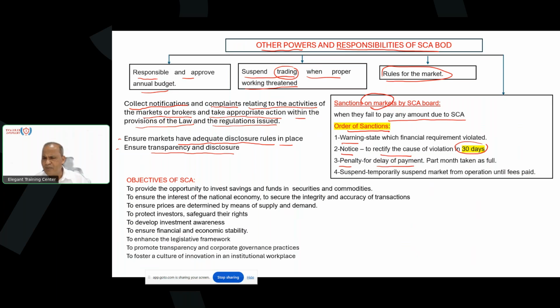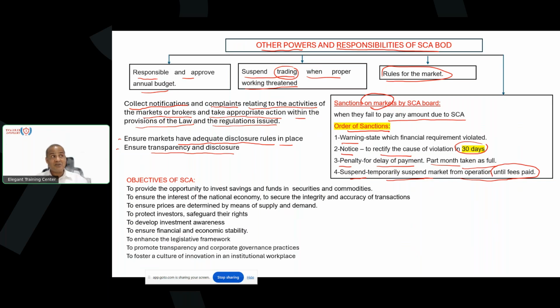For delayed payment, part of a month shall be taken as a full month. After 30 days, if they do not rectify the non-compliance, then a penalty can be imposed by SCA on the market. After that, if the penalty is not paid, then temporary suspension of the market from operations until fees are paid. So this is the order of sanctions.